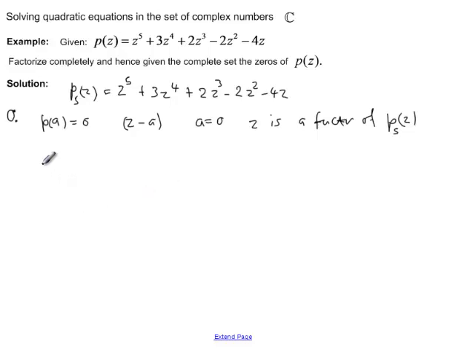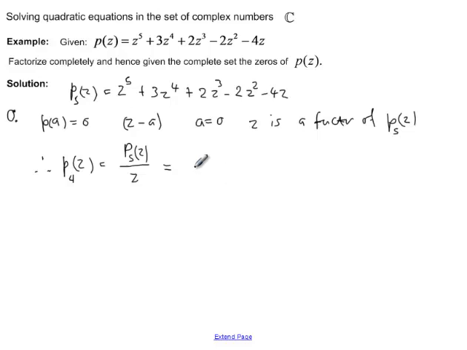So then I say here, therefore, P4 is equal to P5 divided by z. I mean, if I know that 2 is a factor of 6, to get the other factor, I divide 6 by 2, isn't it?